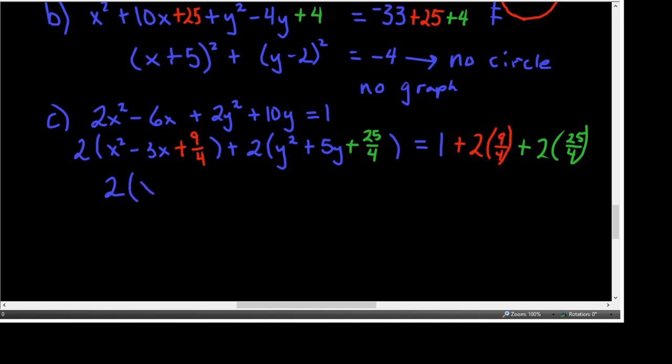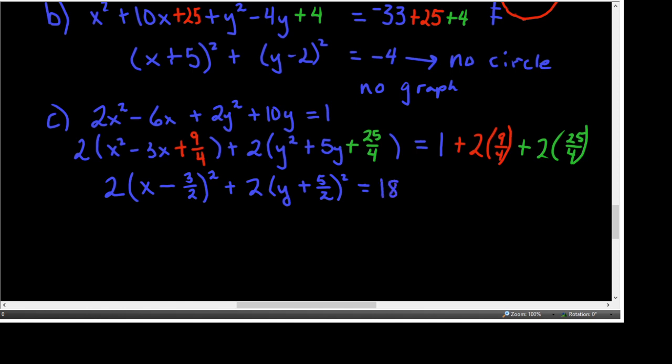Now the factored form will be x minus 3 halves squared plus 2 times. The factored form of that will be y plus 5 halves squared equals, let's see, we need to do all that arithmetic correctly. It should be 18.